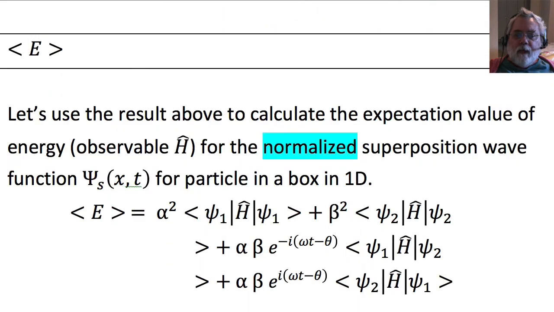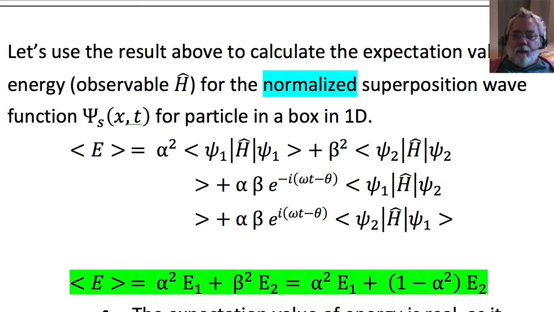Let's start with energy and the Hamiltonian operator. So instead of operator O, we're going to have operator H. Now we already know that the matrix elements with Hamiltonian H, when the index is the same on the left and right, we get that energy eigenvalue.